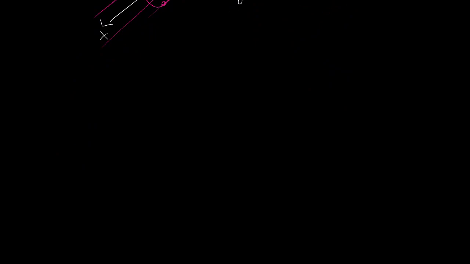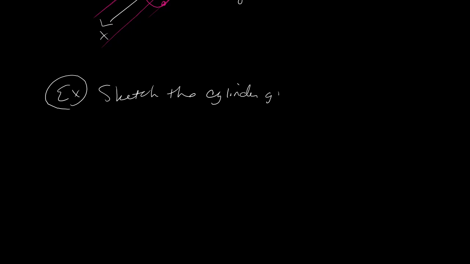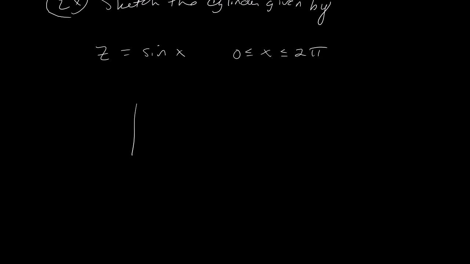Now let's do an example where we get to sketch one. Sketch the cylinder given by z equal to sine of x for x between 0 and 2 pi. The first thing we want to do is sketch the trace in the xz plane.